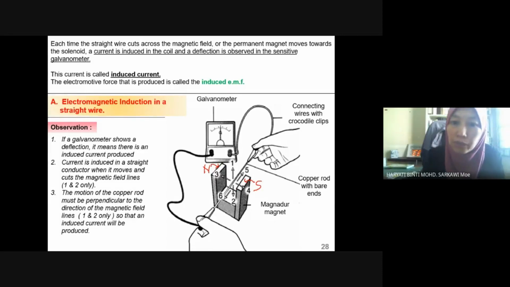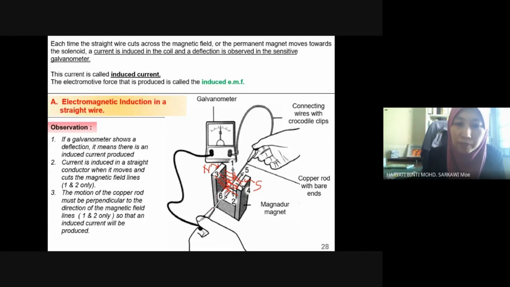The magnetic field lines go from north to south like that. Normally we use a magnet like this; if you could see the field, it would be just like a cuboid with a lot of magnetic field lines. The stronger the magnet, the denser the magnetic field lines.